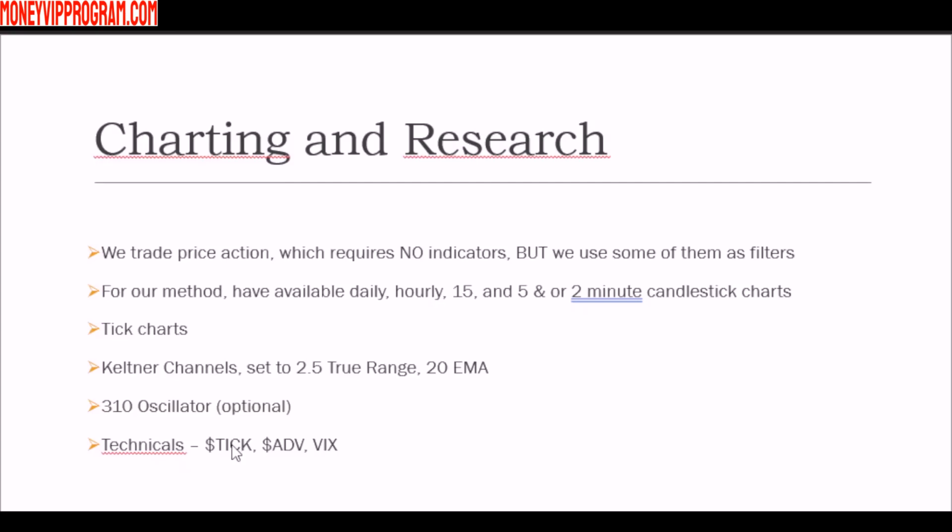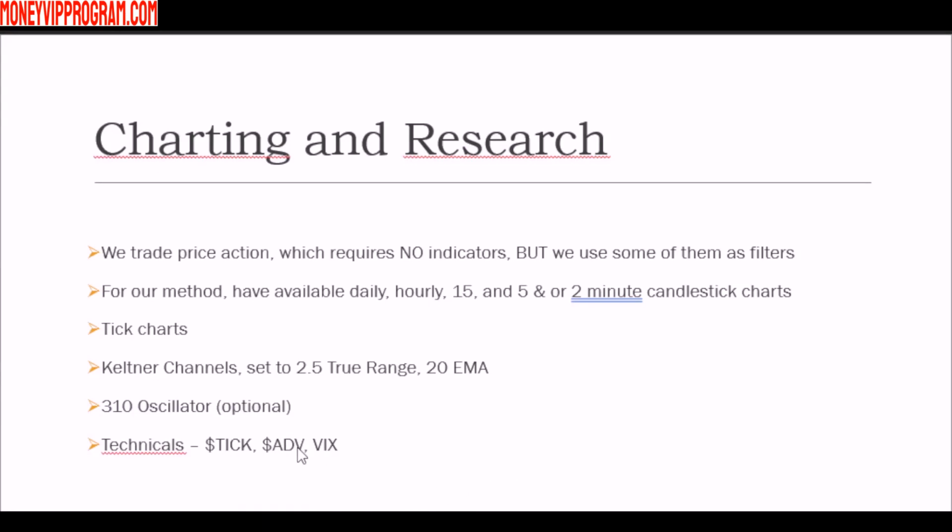So when it gets to an extreme level of, maybe plus or minus 800, 1,000, 1,200, something like that, that indicates that the market is getting to a bit of an extreme level of being overbought or oversold, that sort of thing. The advanced decline line, ADV, is very similar as far as how we would use it.